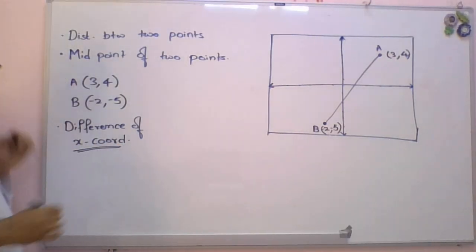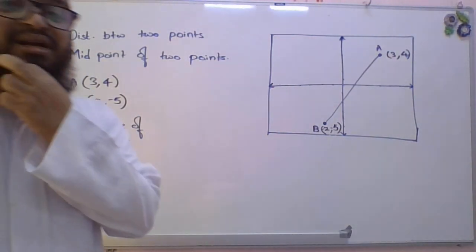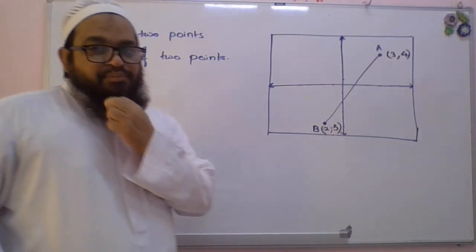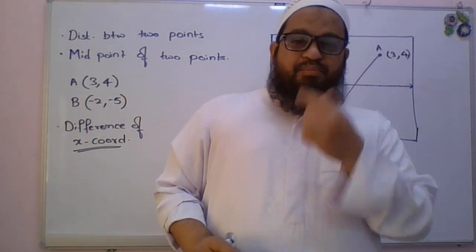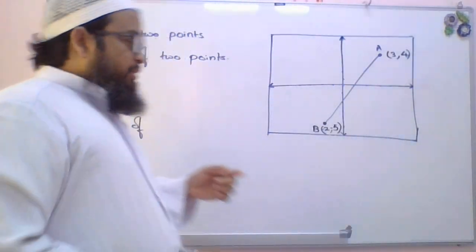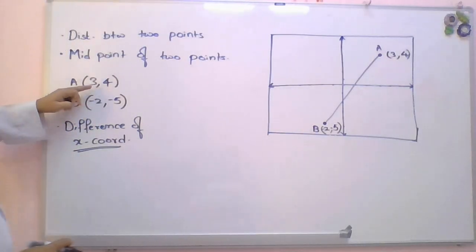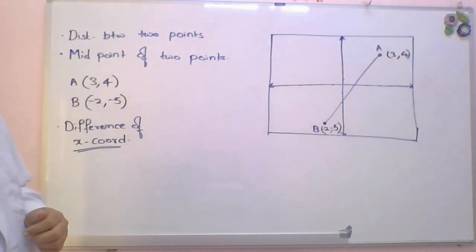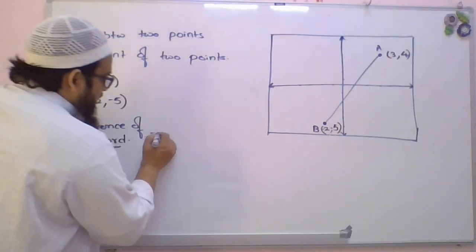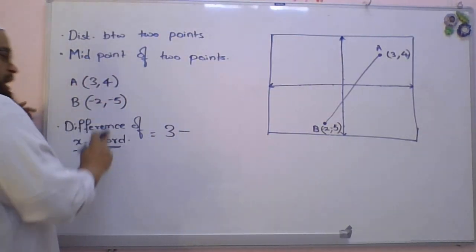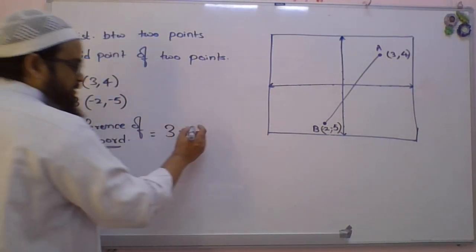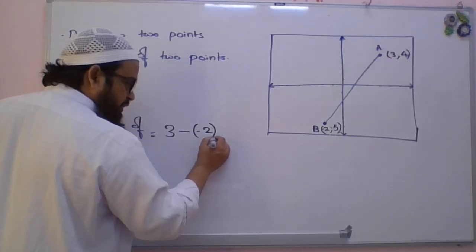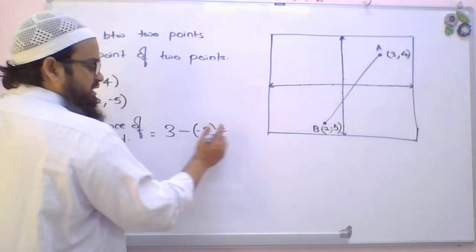What do you call difference? Difference is subtracting the smaller number from the bigger number. Now when I take the x coordinates 3 and minus 2, which is bigger? 3. So 3 minus minus 2. Minus of minus is plus.